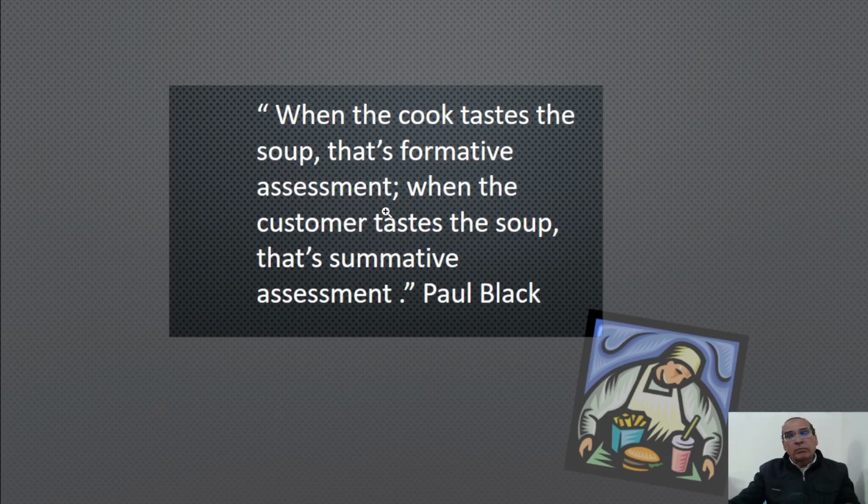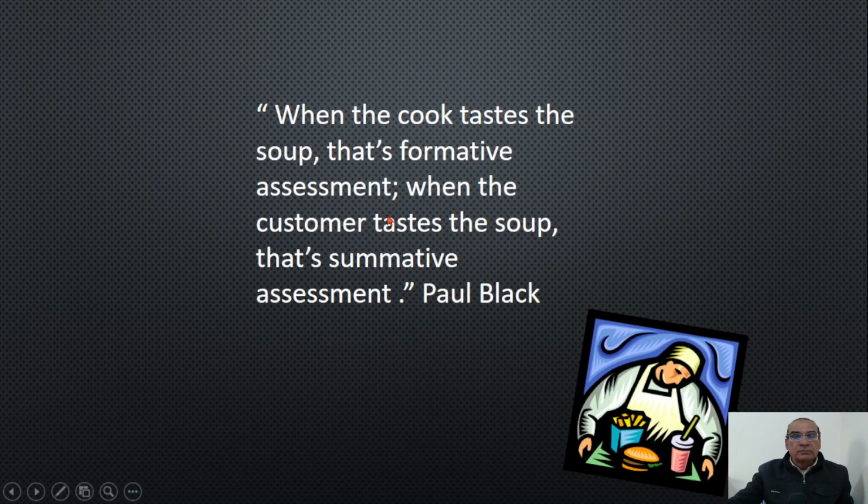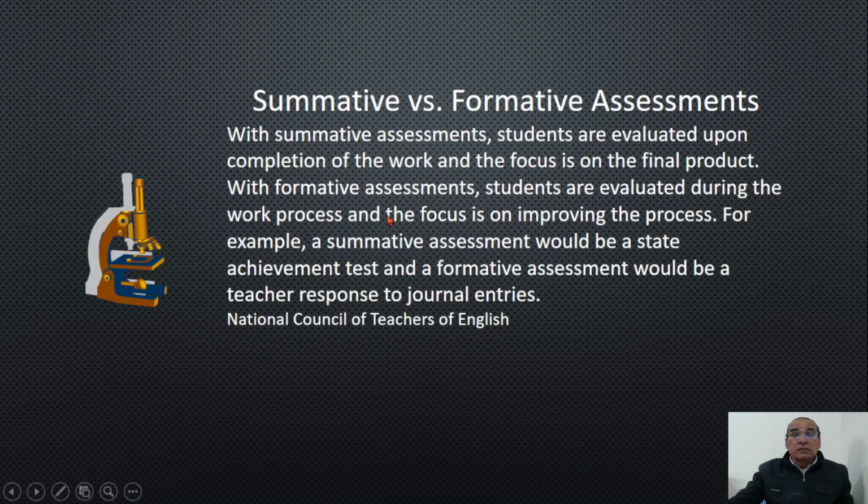When we apply this formula in education, the assessment which is an ongoing process is the formative assessment, and the assessment that is conducted at the end is called the summative assessment. With summative assessment, students are evaluated upon completion of work and the focus is on the final product.